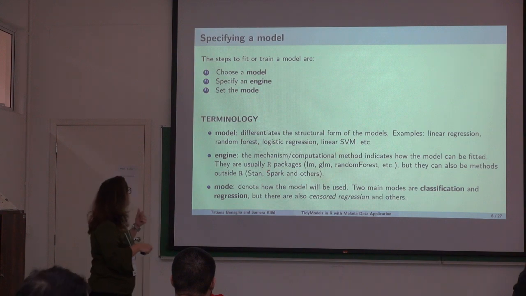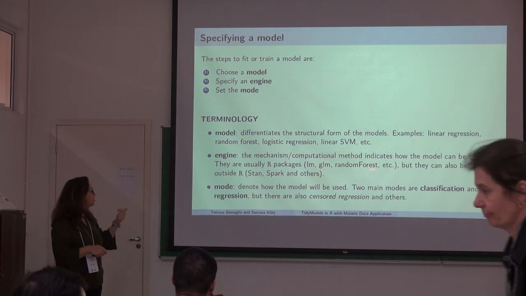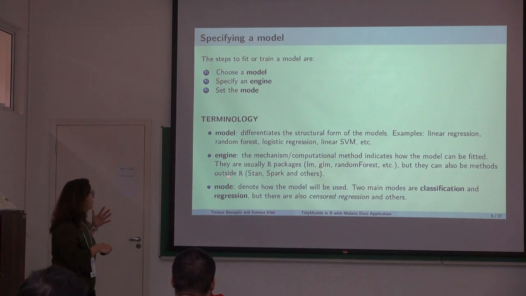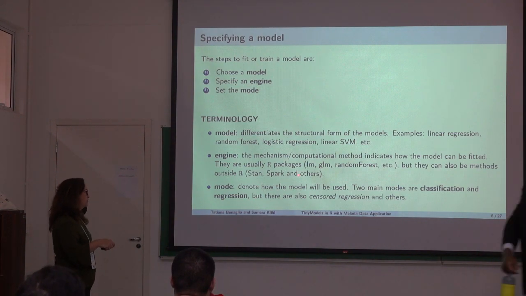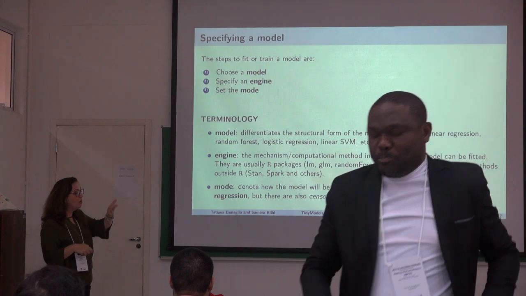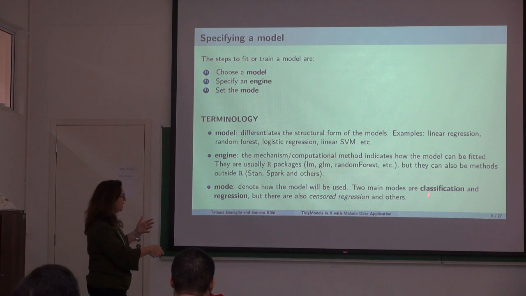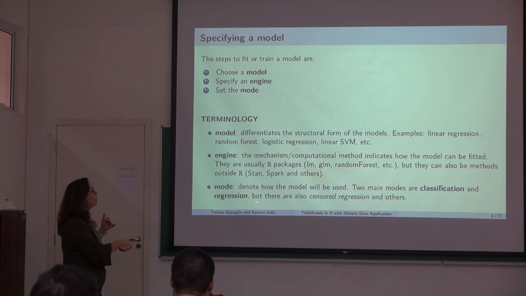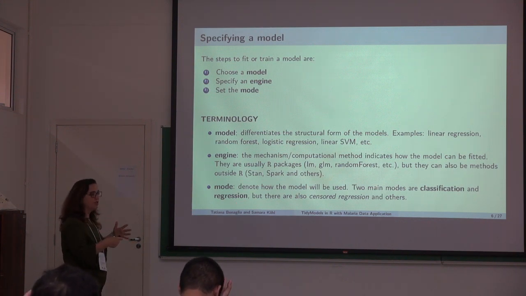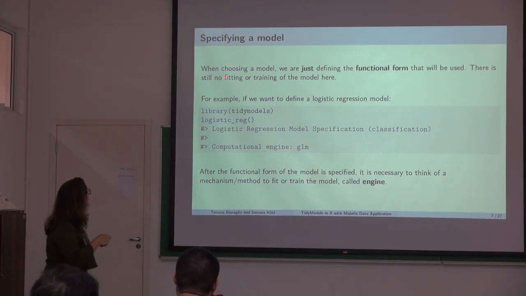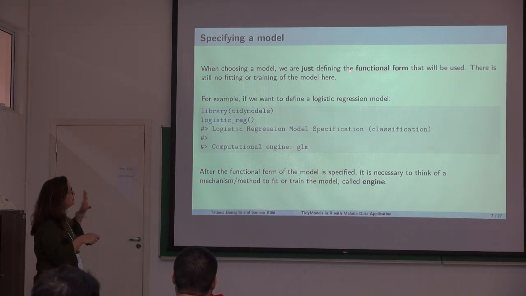There usually are packages like LM, GLM, random forest, but they can also be methods outside R, like Stan and Spark. And the mode is what will be used: classification, regression, but there are other things like censored regression and so on. So when choosing a model, we are just defining the functional form that will be used.